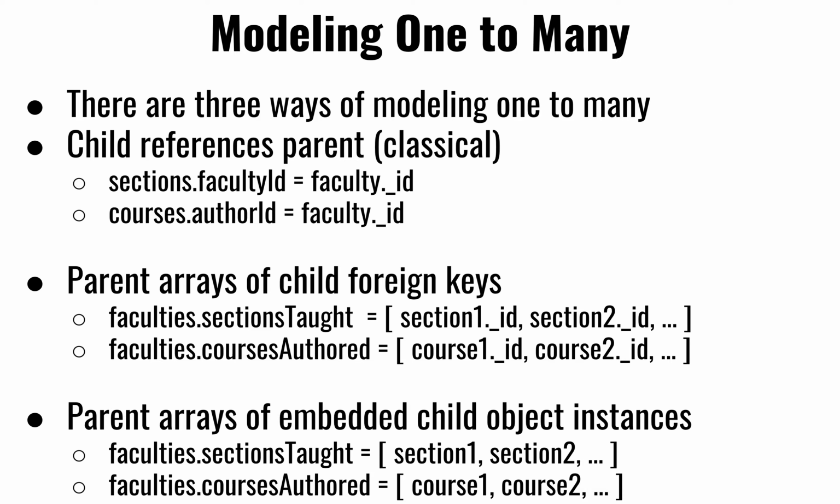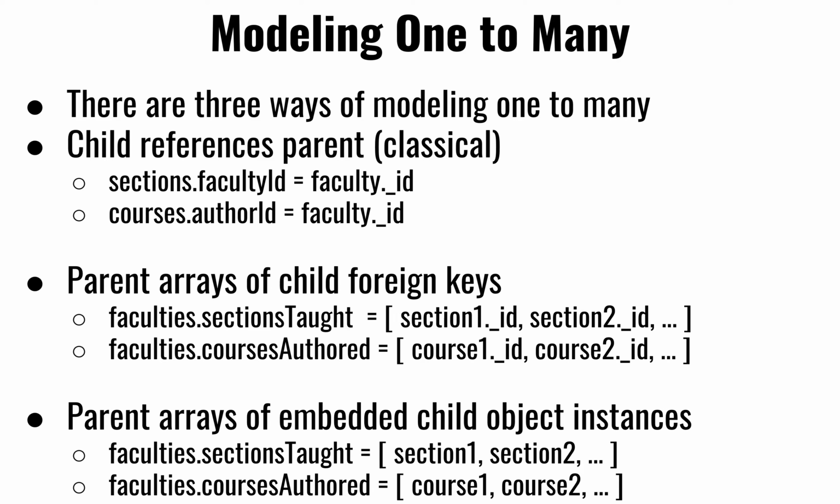But here, because arrays are a normal data type, you can have faculties pointing to the courses that they authored or sections that they taught, as arrays of foreign keys of the courses and the sections that they're teaching or authoring. So it's perfectly fine.